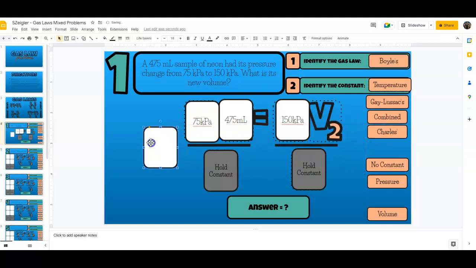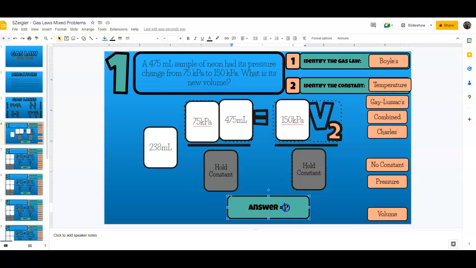I'm leaving this over here so you can see that we're solving for V2. When you do the math, it'll be 75 times 475 divided by 150. The units are the units that were not canceled out, so this will be milliliters. If you wanted to, you could just round to a whole number, but that is how you would calculate.